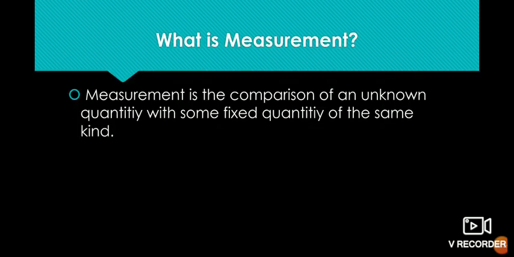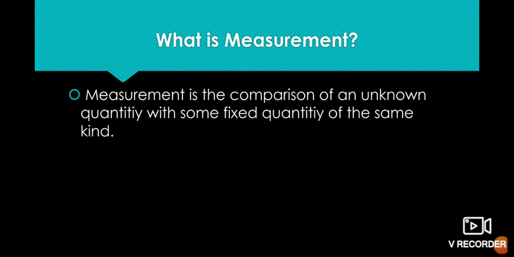Right. We learned in 6th standard, isn't it? What is measurement? What do you understand by the term measurement? So, measurement is nothing but a comparison of an unknown quantity with some fixed quantity of the same kind. Okay. For example, you go to the cloth shop and you require a piece of cloth, say 1 meter of cloth.